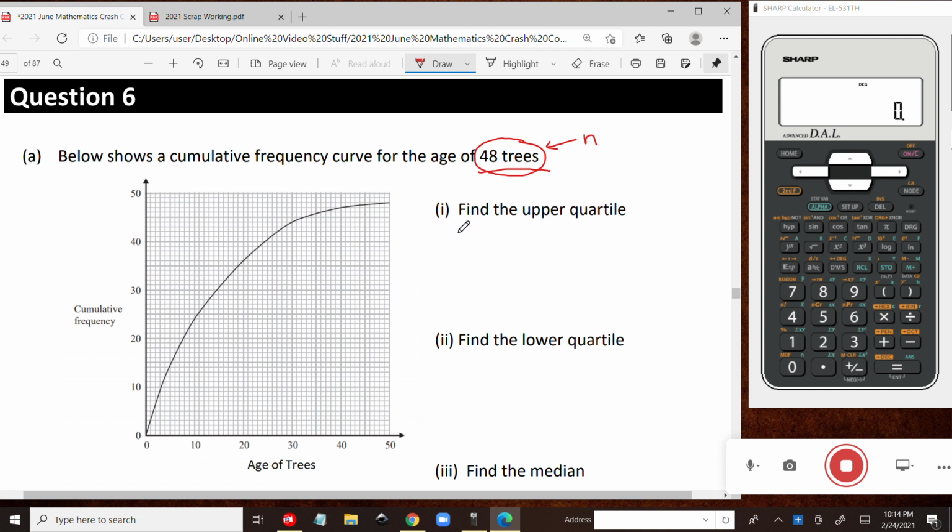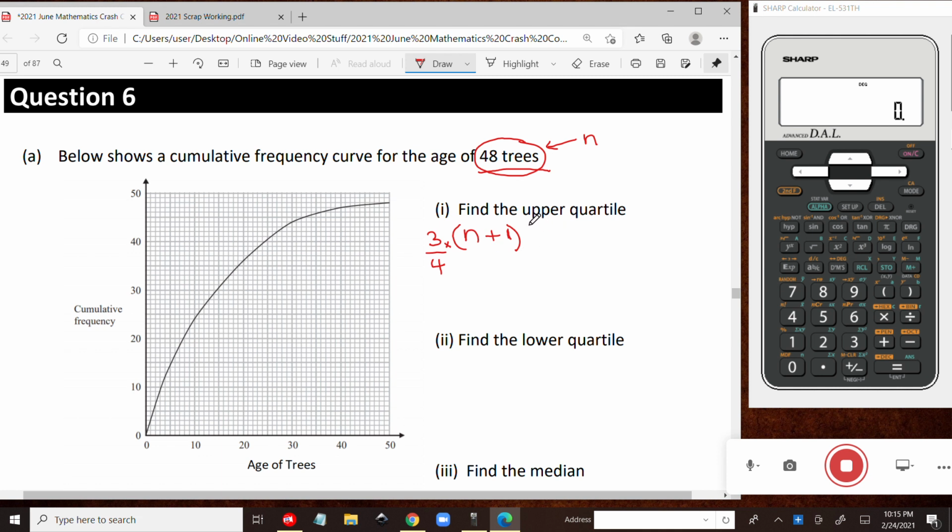What we need to do is take n and add 1. We always add 1. And for the upper quartile, we need to multiply it by 3/4. Let me just put the 3/4 in front, I just feel more comfortable with having the 3/4 in front. So we take n plus 1 and we multiply that value by 3/4. Let's see where this leads us.